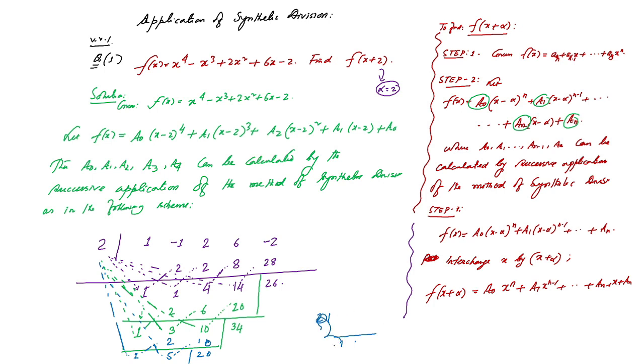Okay, so I'm writing the next page. Here 2, 1 minus 1, 2, 6 minus 2, 2, 2, 8, 28, 1, 1, 4, 14, 26.